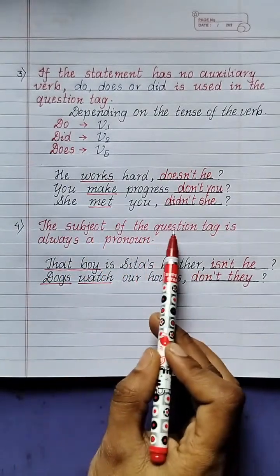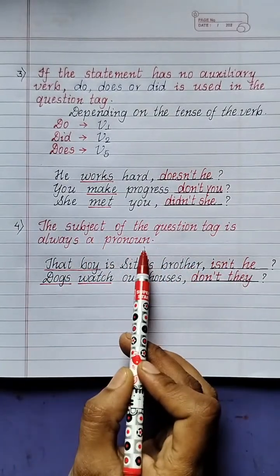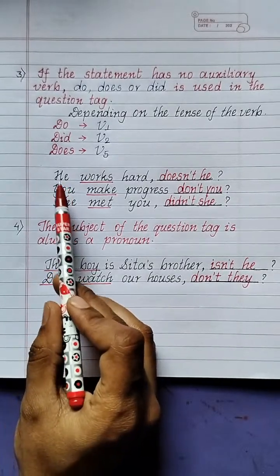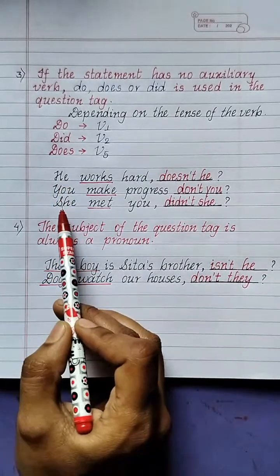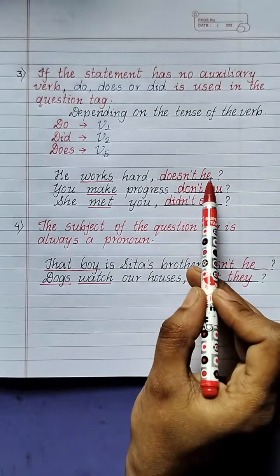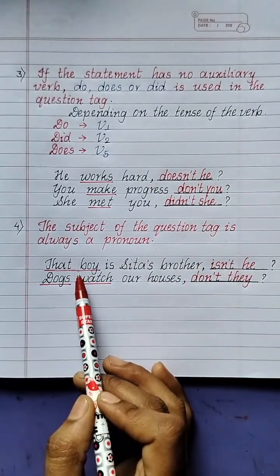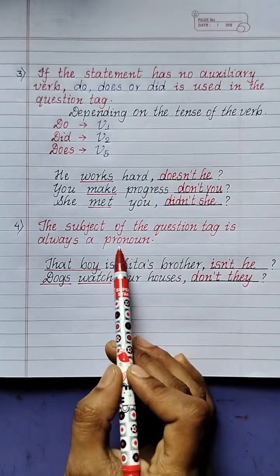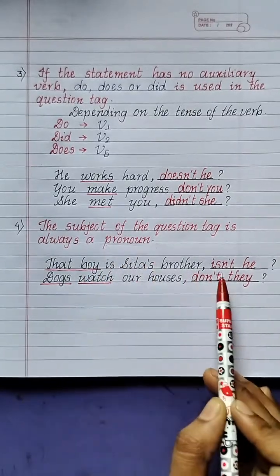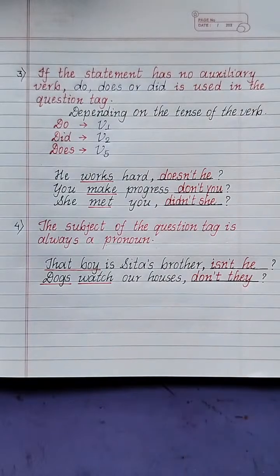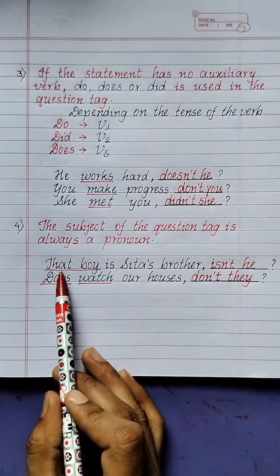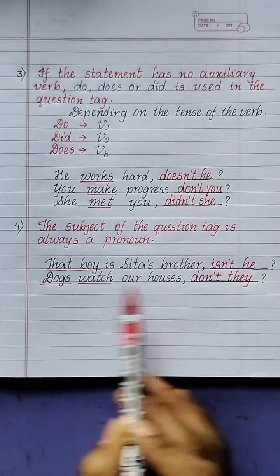Okay, let me explain once again. The subject of the question tag is always a pronoun. So in the above sentence you can see the pronouns are already there, so the same pronouns are used. But if there are noun words, then you have to change them into pronouns and then use them. Okay, in the first example, that boy, he.